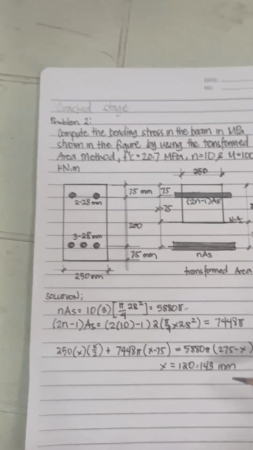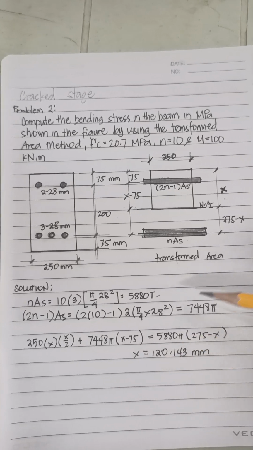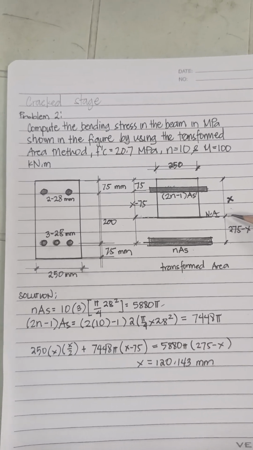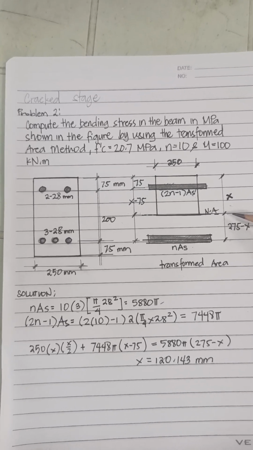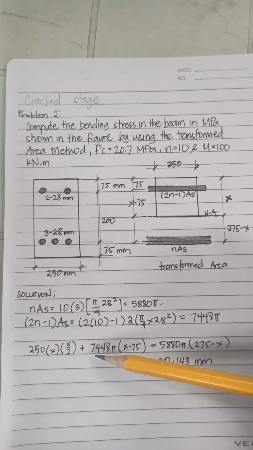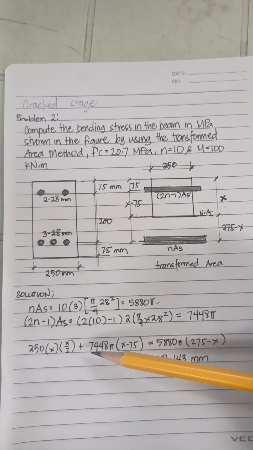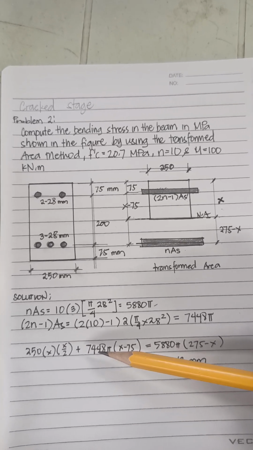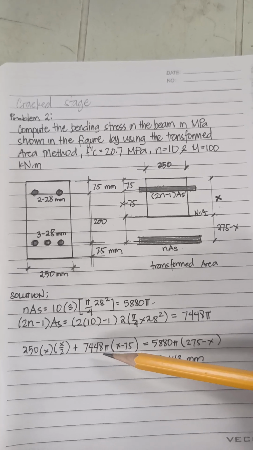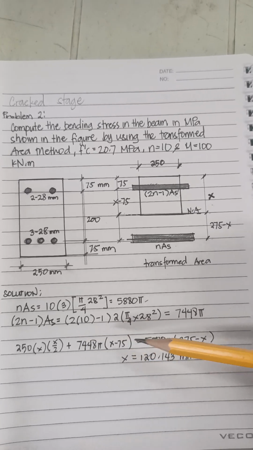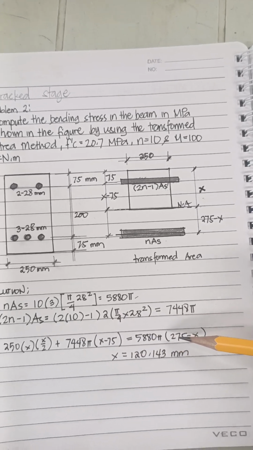Now we proceed to solving the value of x, or determining the location of our neutral axis. We solve it as we did in problem number 1. The moment of the area about the neutral axis on the compression side is equal to that of the tension side.